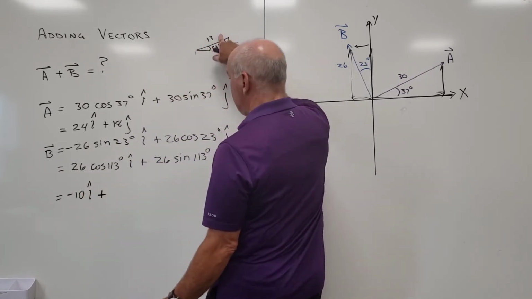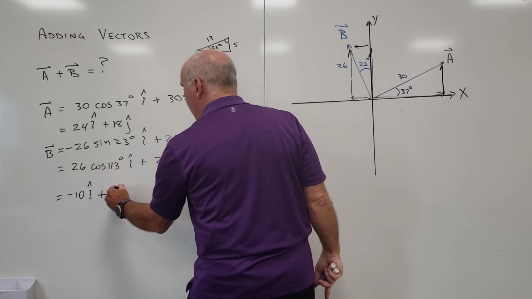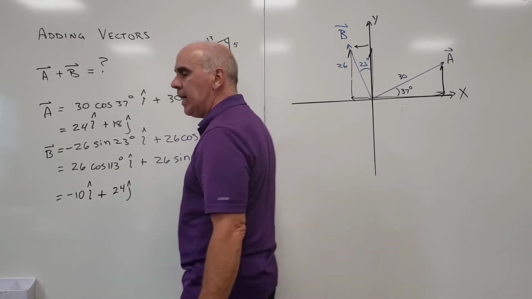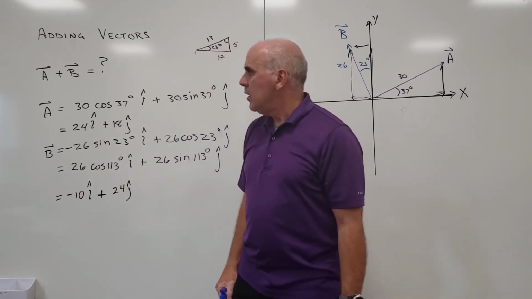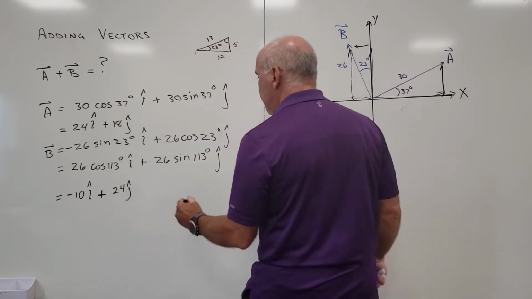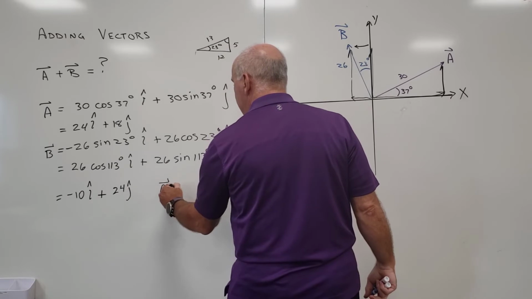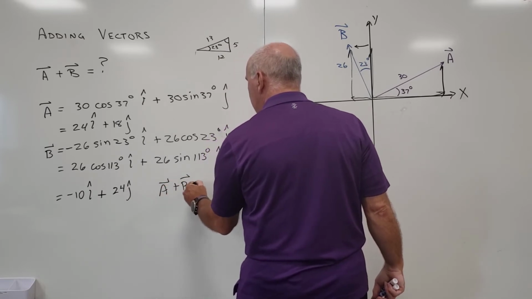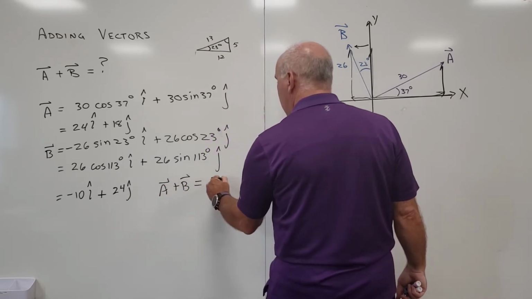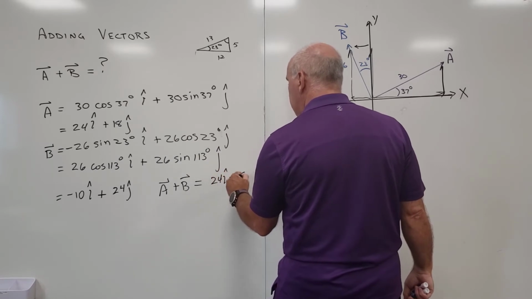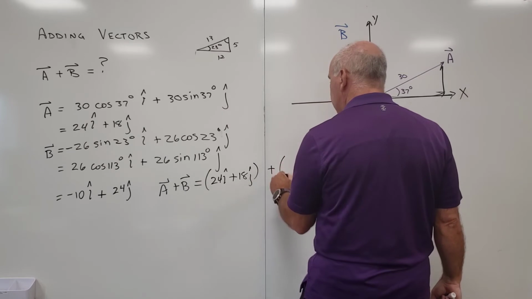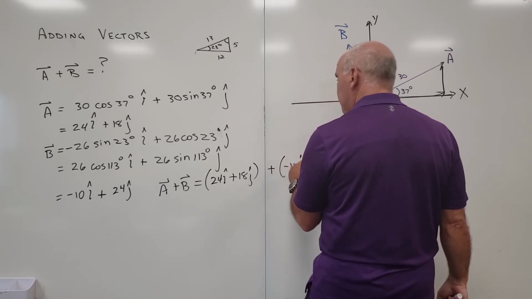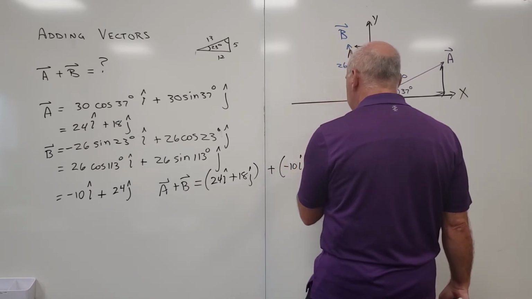And then 12 over 13, I'm going to get 24 in the j hat direction. Okay, so when I add A and B, I'm going to add 24i plus 18j with negative 10i plus 24j.